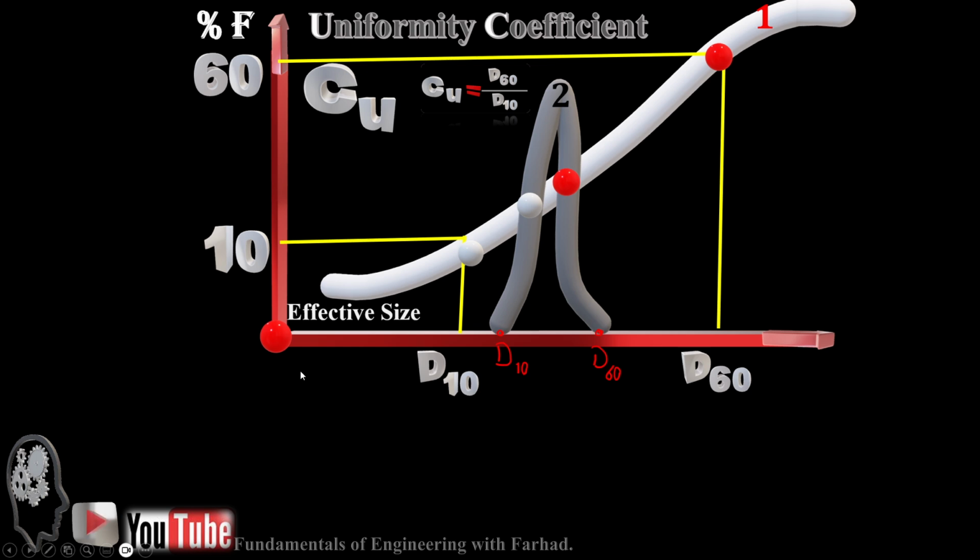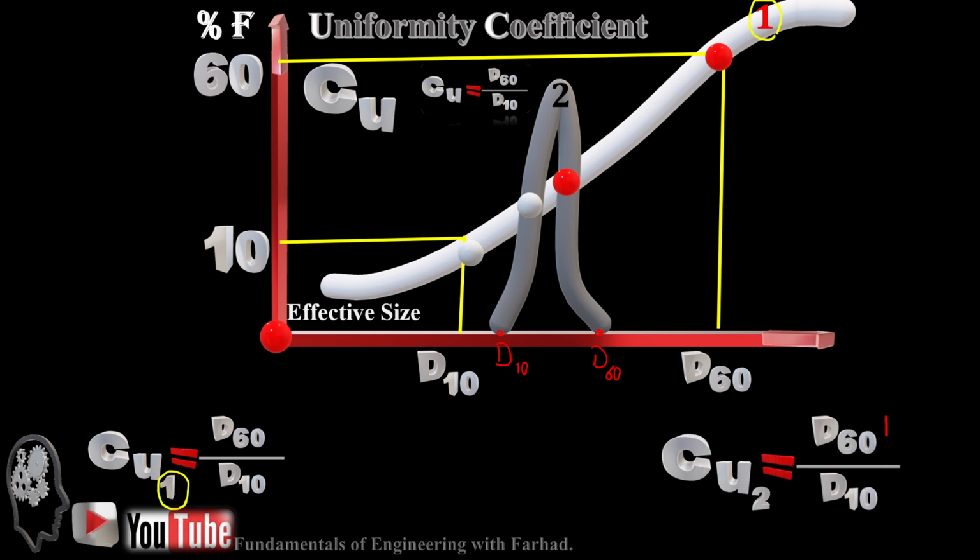In that sense, the conceptual meaning of the uniformity coefficient Cu, for example for sample 1, is D60 over D10, and for the second sample, you can easily see how D60 decreases from the first and D10 increases from the first sample, so the C sub u for the second distribution is decreasing.